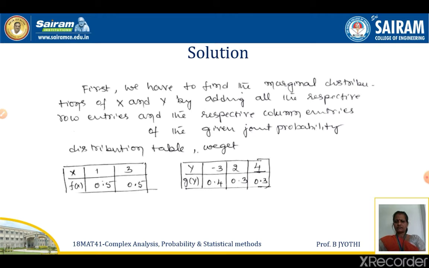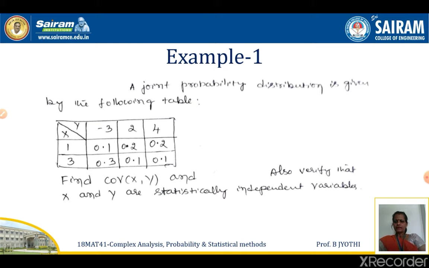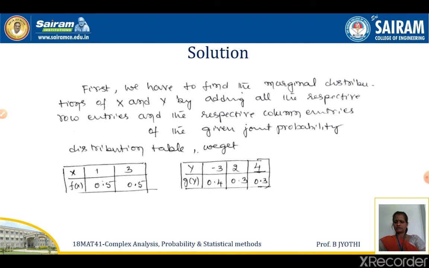When x is 1, adding 0.1, 0.2 and 0.2 gives 0.5. Similarly, 0.3 plus 0.1 plus 0.1 is 0.5. Similarly, for y, minus 3, 2 and 4 are the headings. So how do we get 0.4, 0.3 and 0.3?